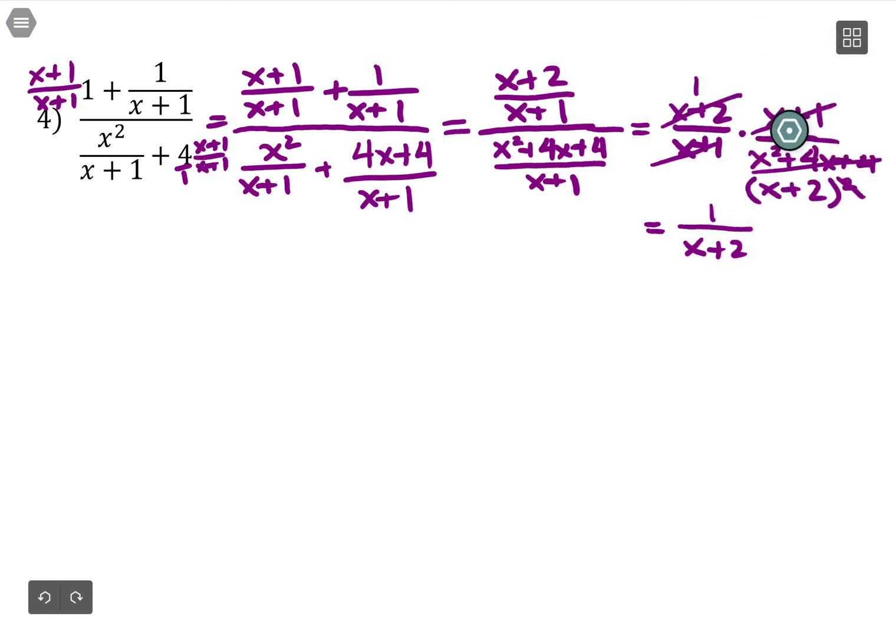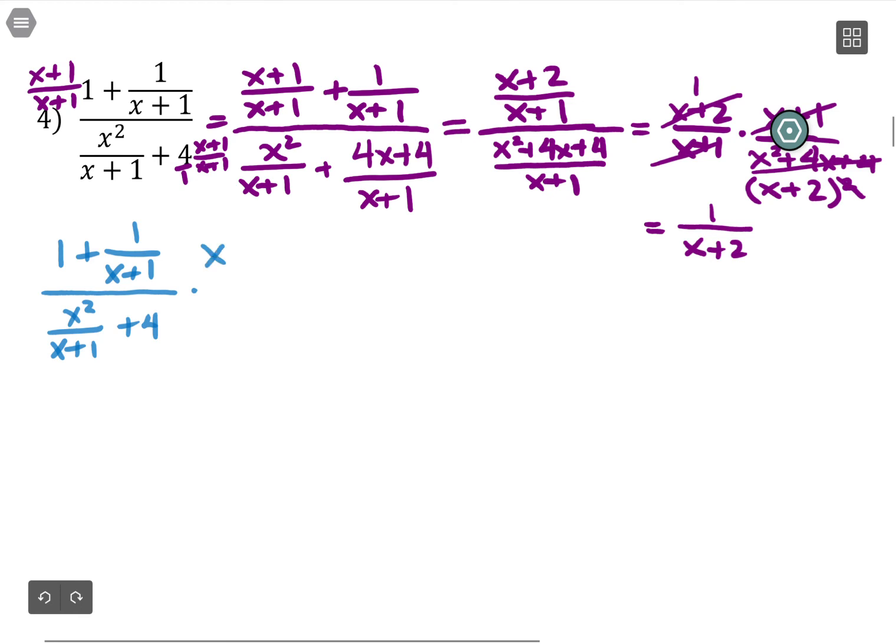Method number 2, instead of getting each fraction to have the same denominator, I'm just going to jump straight to eliminating the denominators. So I'm going to multiply the top by x plus 1. I'm going to multiply the bottom by x plus 1. I'm not going to forget about the grouping.